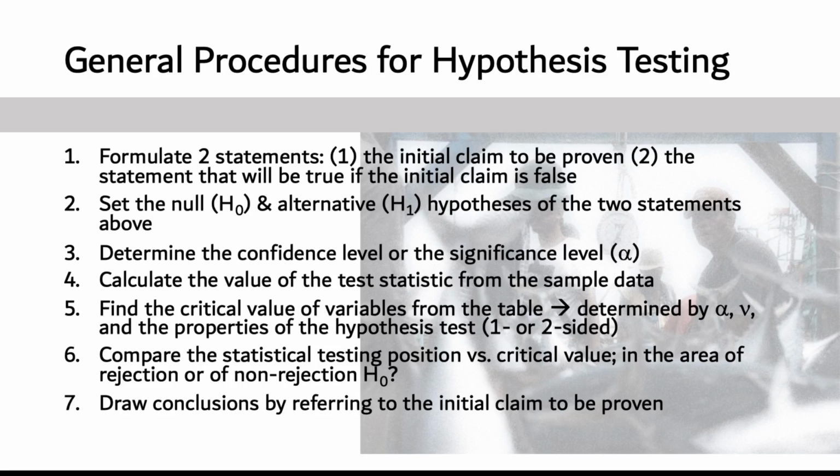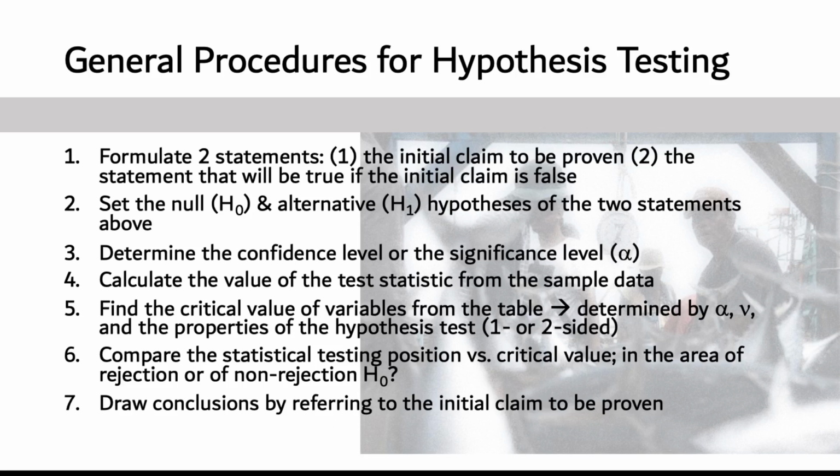After that, we have to determine the confidence level or the significance level alpha. Based on the data, we need to calculate the value of the test statistic. Then, we find the critical value of the variables from the table. We need data such as alpha, degree of freedom, and the properties of the hypothesis testing, whether it's one-sided or two-sided.